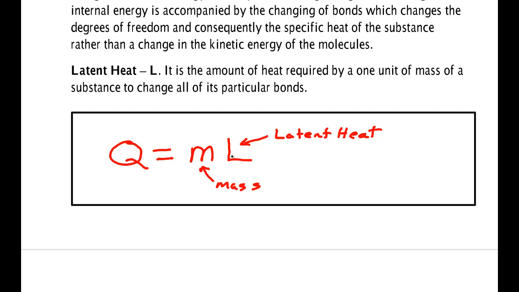So you got steam coming in, making bonds to become water, then it can release energy. If you've got water that has bonds and you've got to break those bonds to make free particles, it takes energy to convert it to steam. And this energy occurs without the rise of temperature.